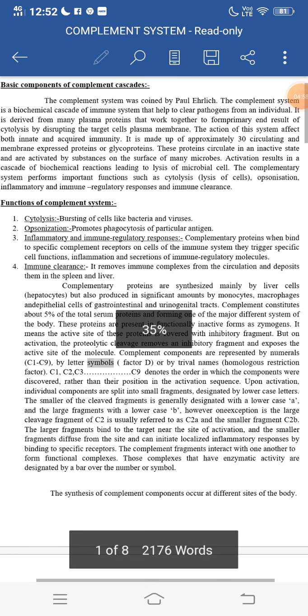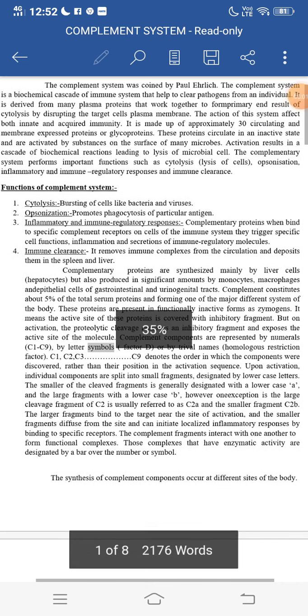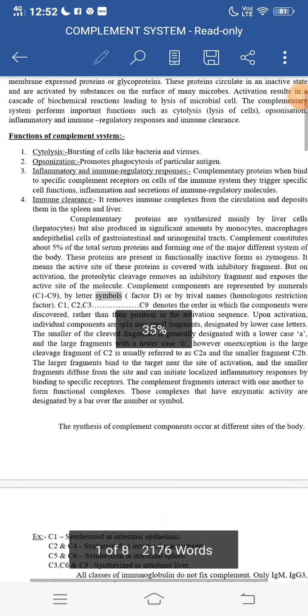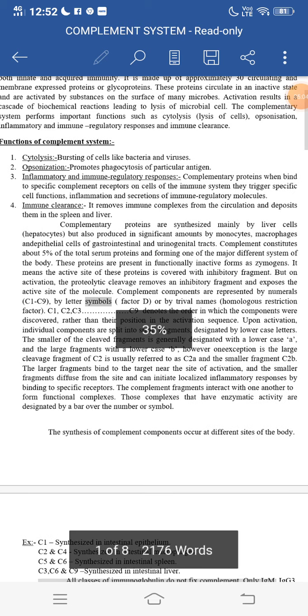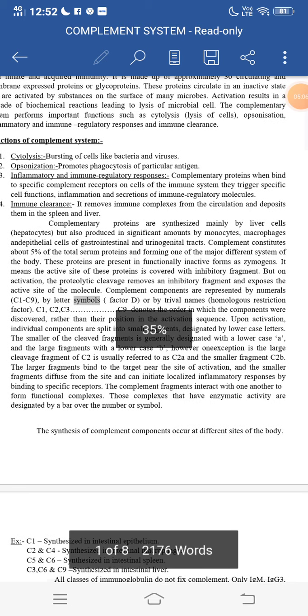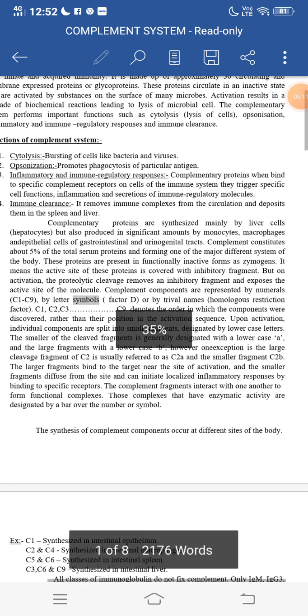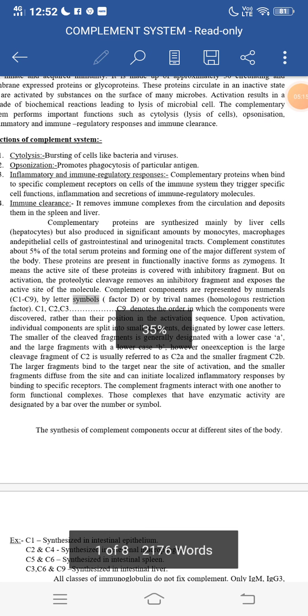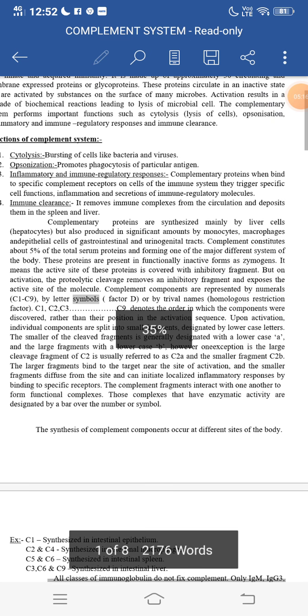The inflammation and the secretion of immune regulatory molecules will take place. Inflammation means they will bring about a burning sensation or irritation through the secretion of these immune regulatory molecules.